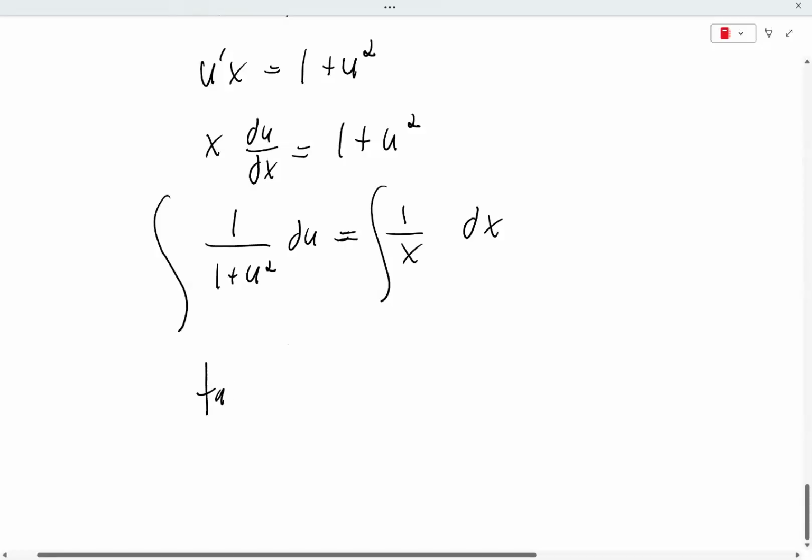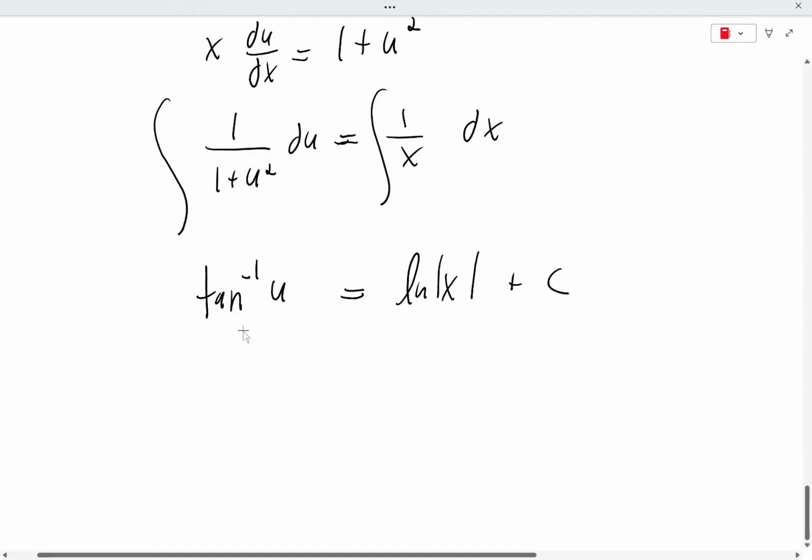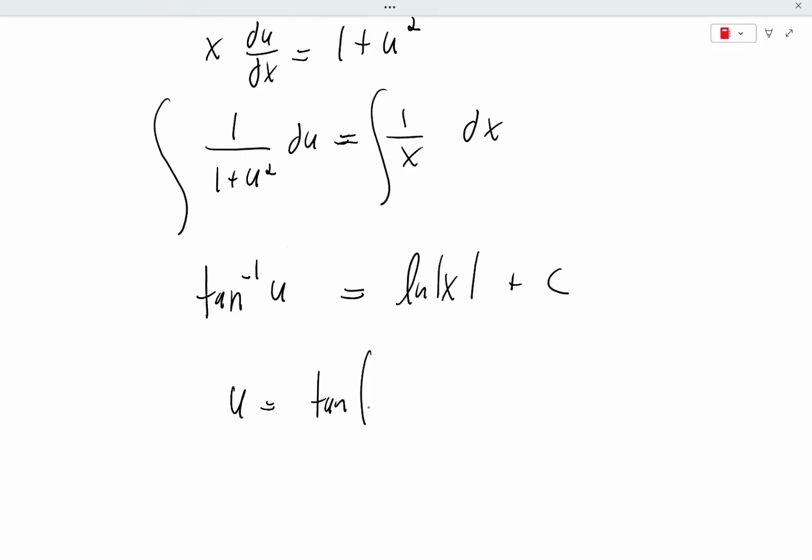So you get inverse tangent of u equals natural log absolute value of x plus c. Then if you solve for u, take tangent of both sides, so you get u equals tangent of natural log absolute value of x plus c.